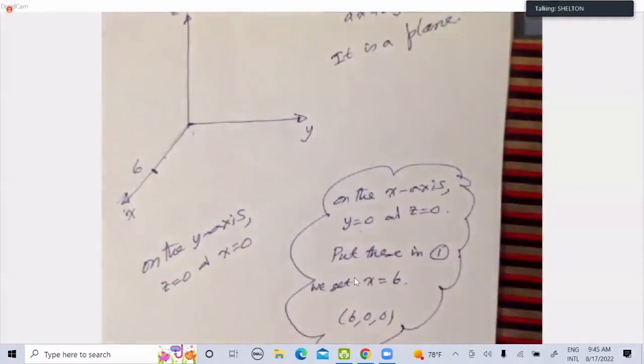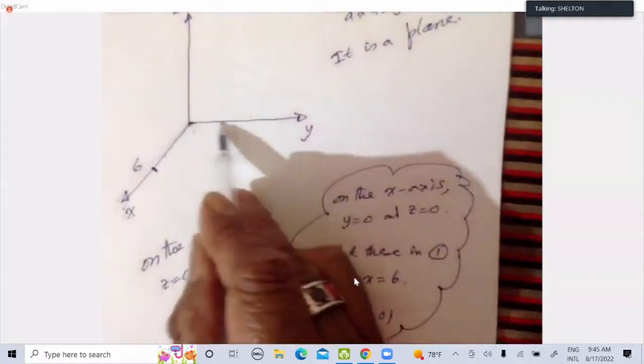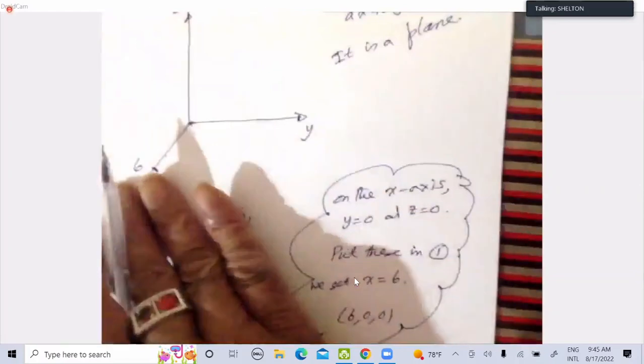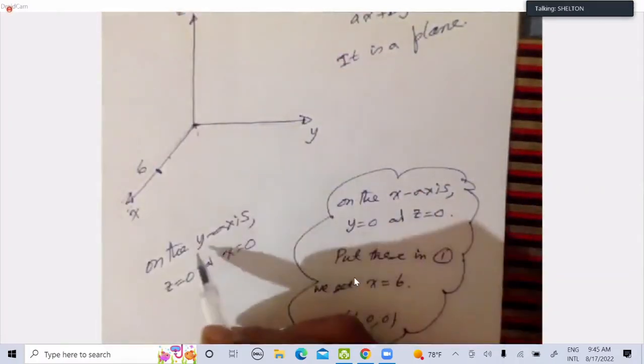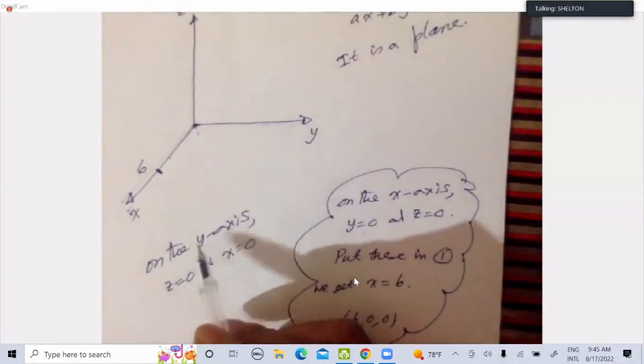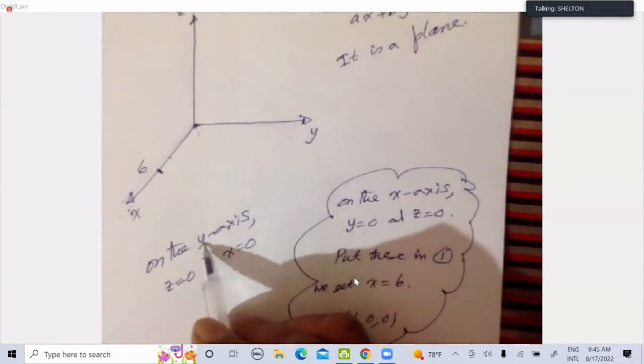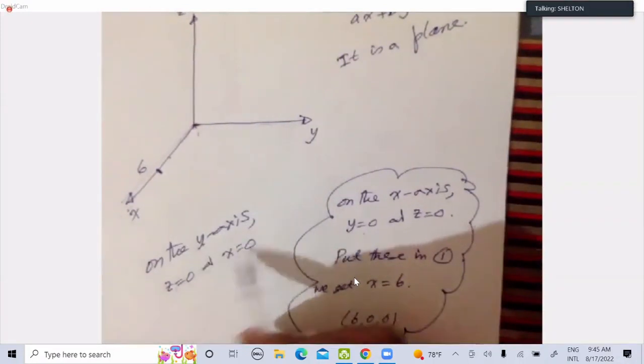The y-axis is the intersection of z equals 0 and x equals 0. So on the y-axis, y is the only varying thing, the other two are zeros.